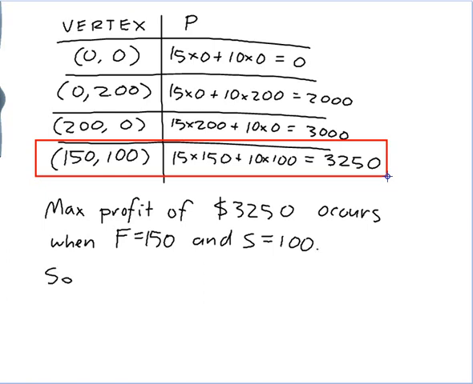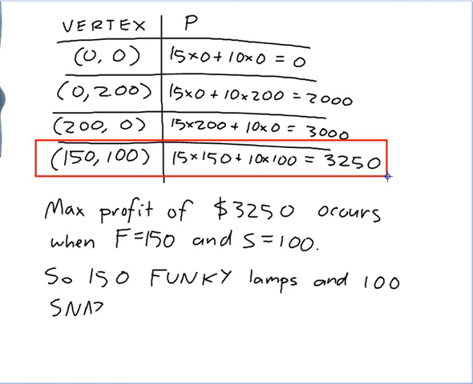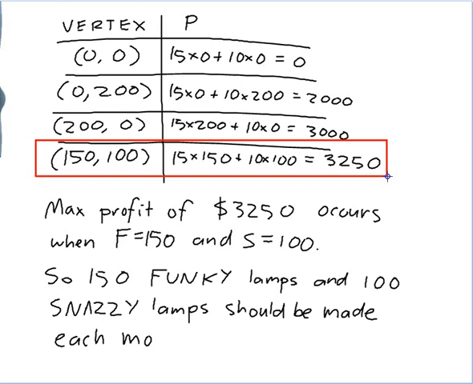So 150 funky lamps and 100 snazzy lamps should be made each month.